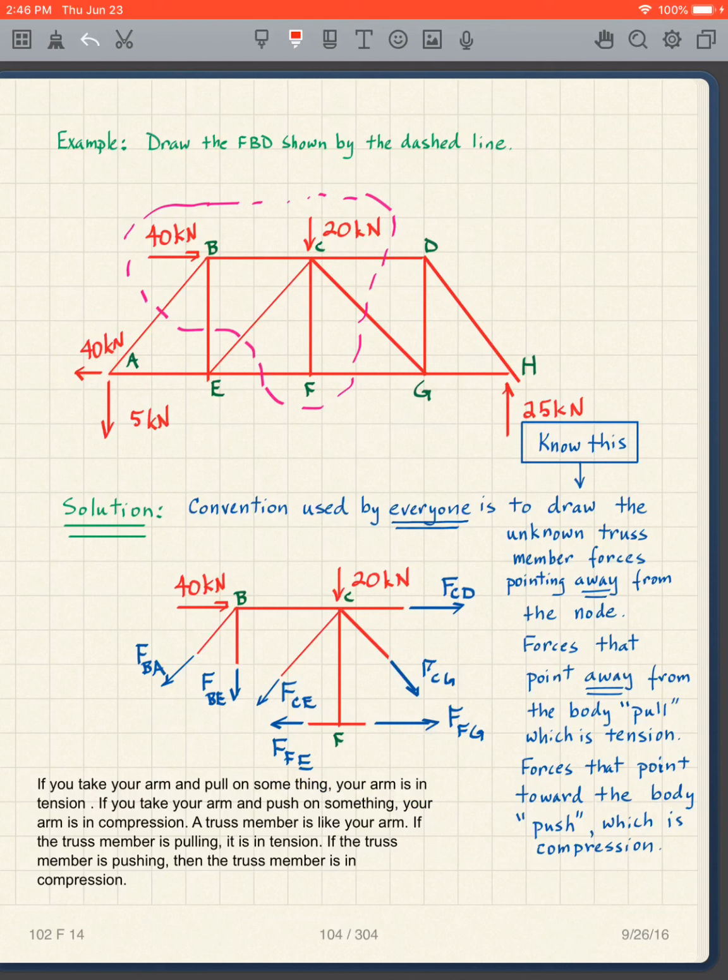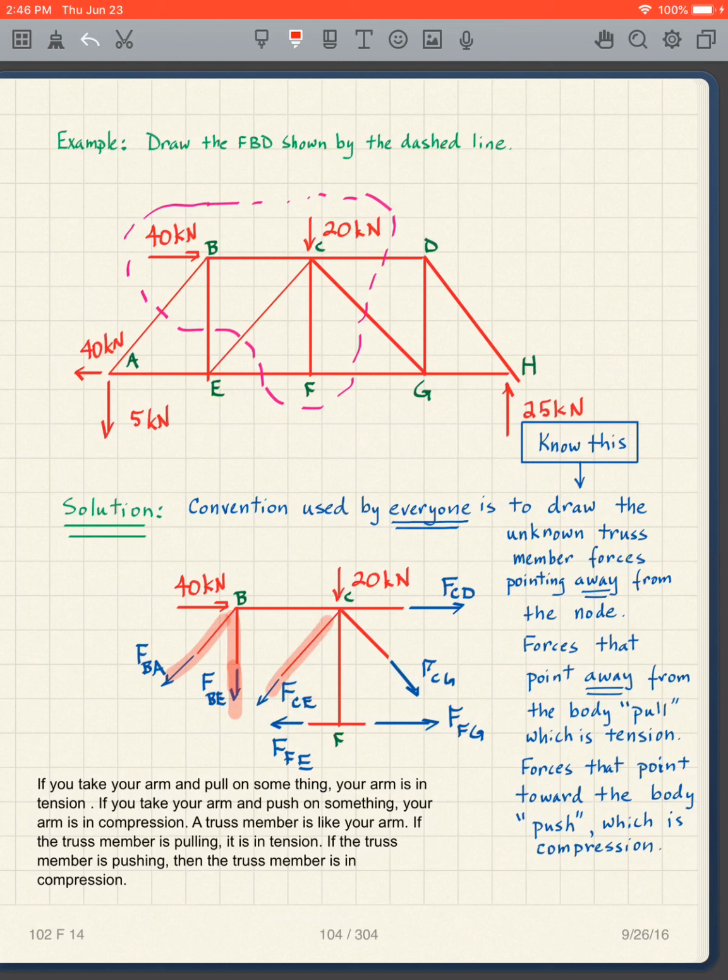It avoids the issue of too many numbers around and getting confused with the numbers. So nodes are labeled with letters, and then we label our forces F, and then the two nodes that the truss member spans from. Okay, and then again, this force has got to go parallel.